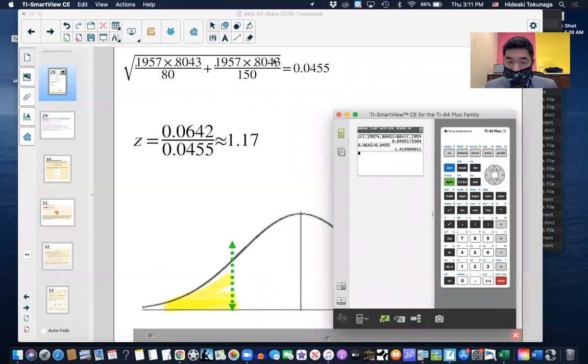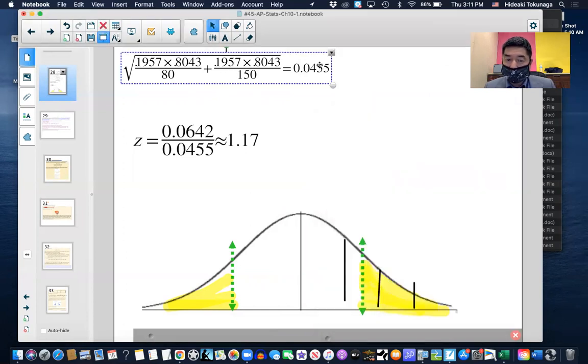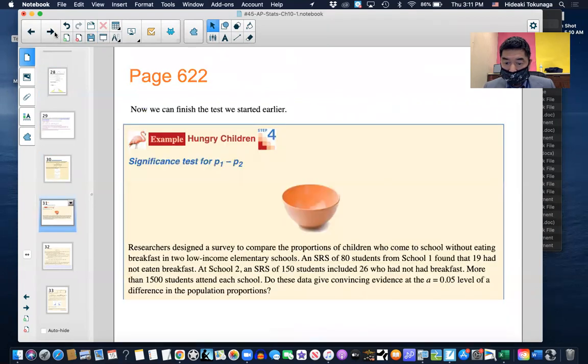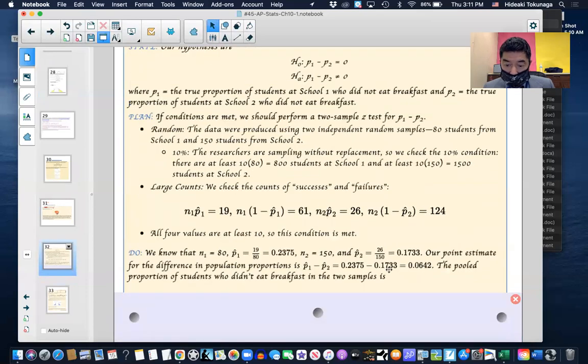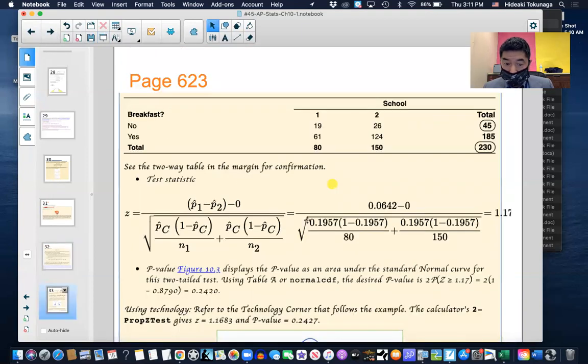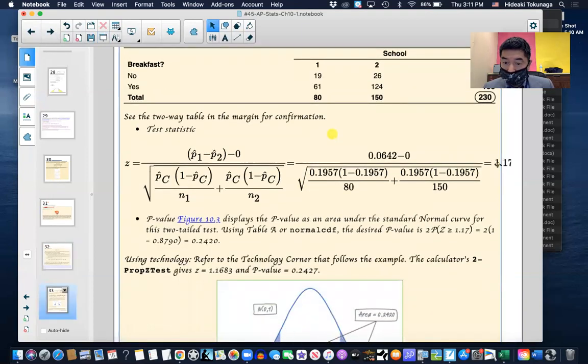If the equation is right, it's supposed to come out at 1.17. That's why it was a little bit messed up.